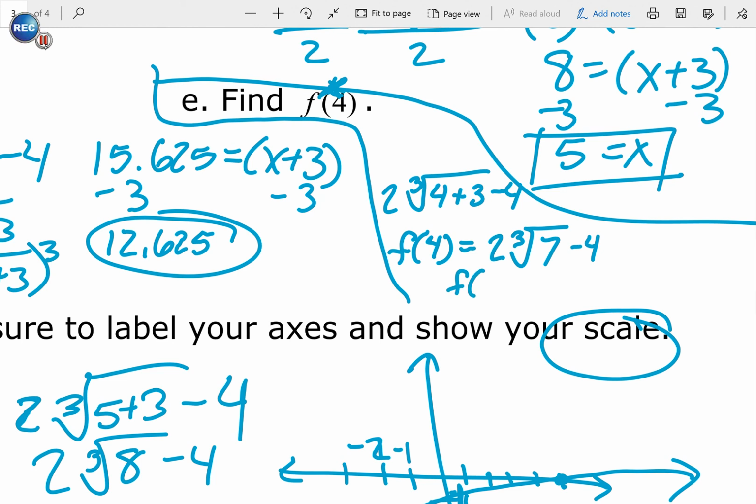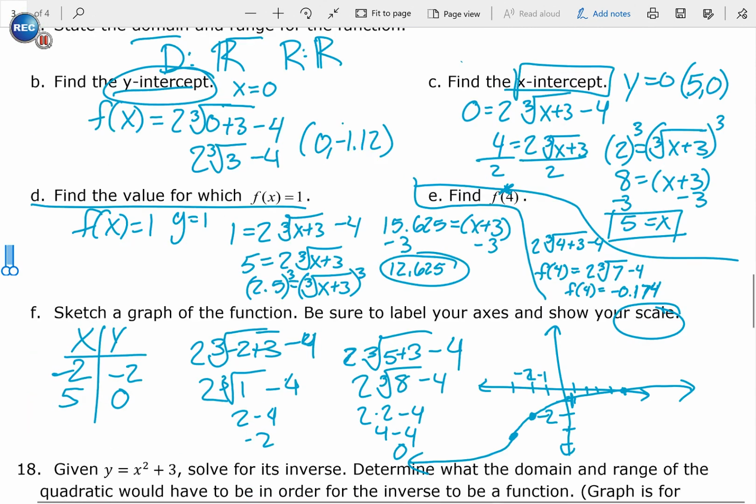So we're going to end up with f of 4 equals 2 times the cube root of 7, times 2 minus 4. Hold on. Okay, so that equaled f of 4 equals negative 0.71, I'm sorry, 174. All right, so that's going to be the solution.